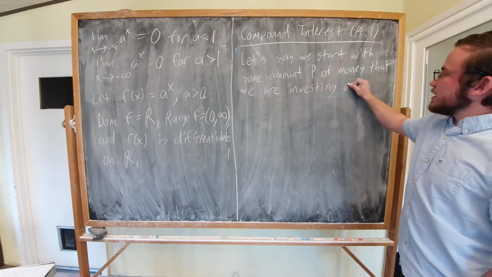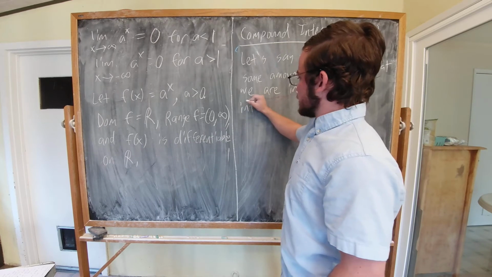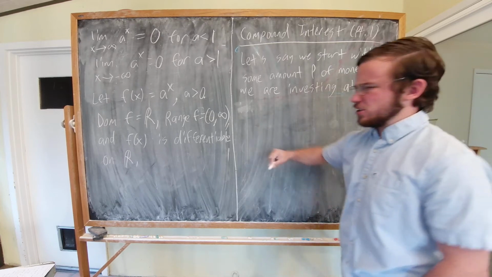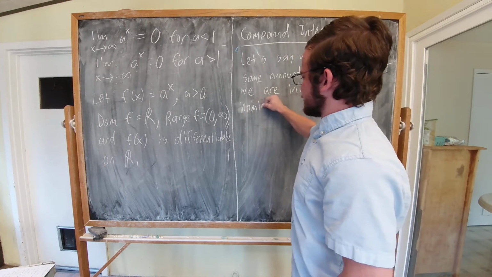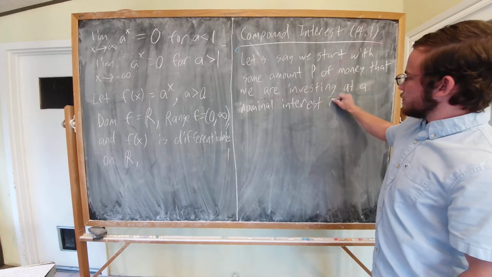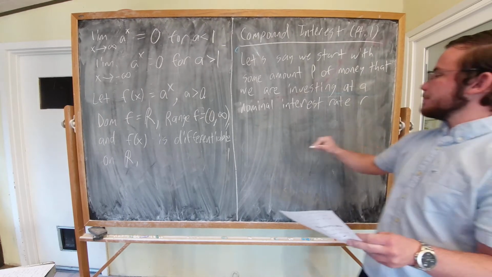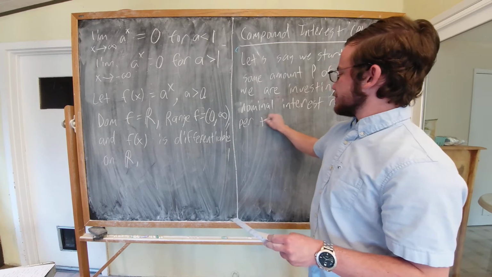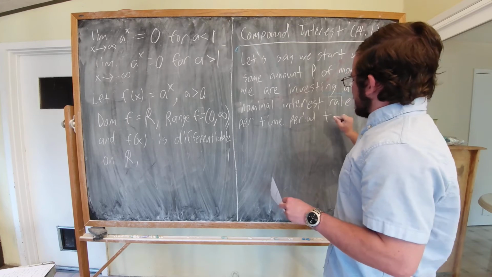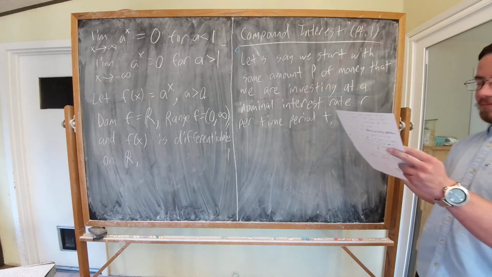And let's say we're investing it at an interest rate, or, I'll try to use your book's vocabulary, even if I don't use their notation, a nominal interest rate R per time period t. Typically t will be measured in years in some way, shape, or form.